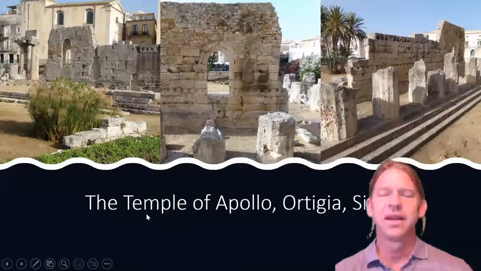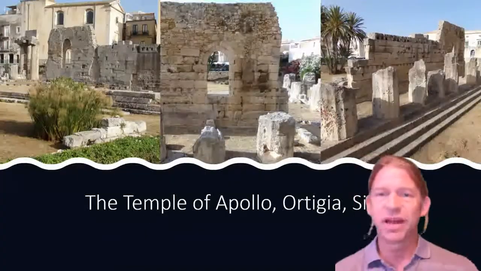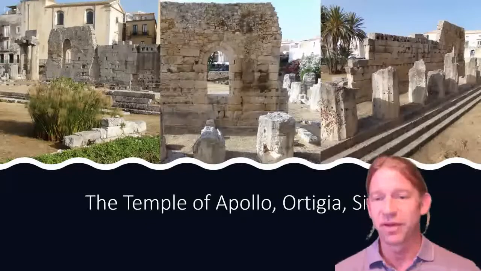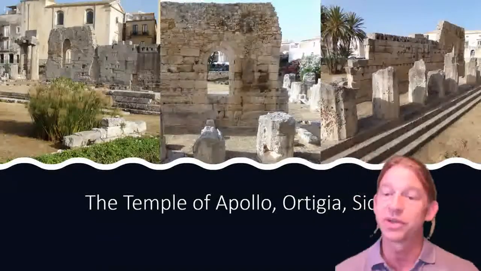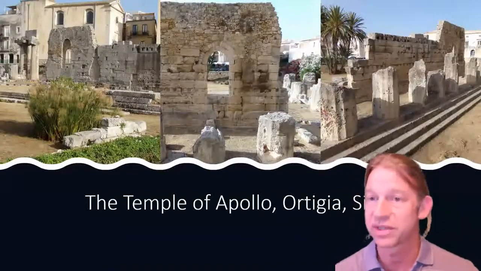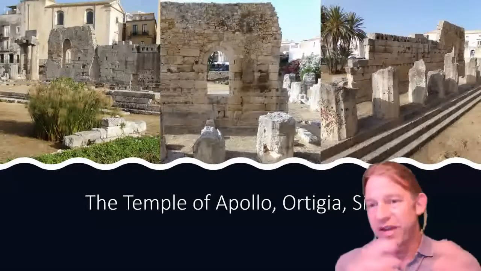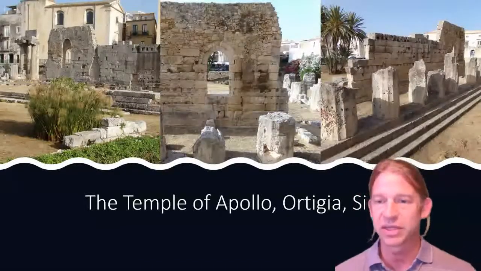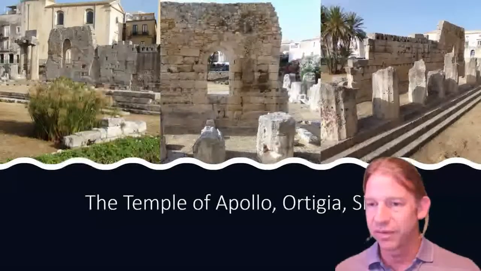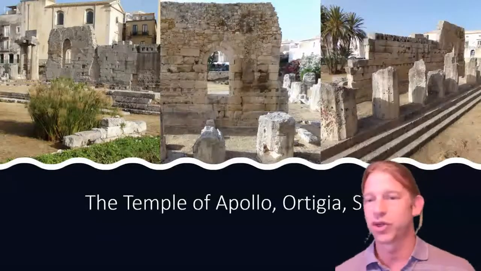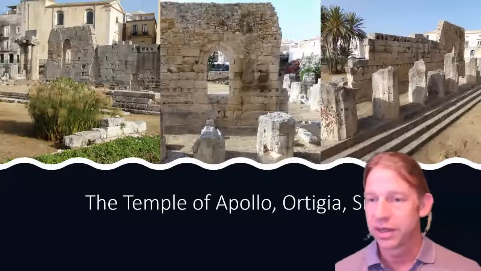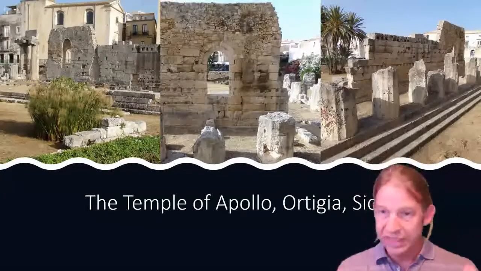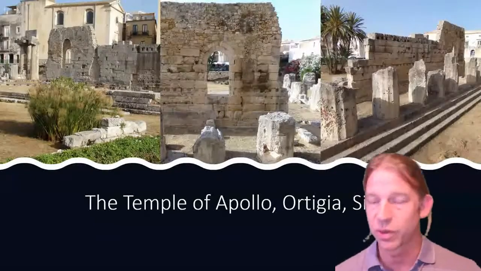In that original lead-in video, I showed us the Temple of Apollo in Ortigia, Sicily, the island of Ortigia, which is in the city of Syracuse in Sicily, a very, very ancient place. It was a colony of the ancient Greeks. The Romans conquered Ortigia and, of course, the Greek territories in Sicily.